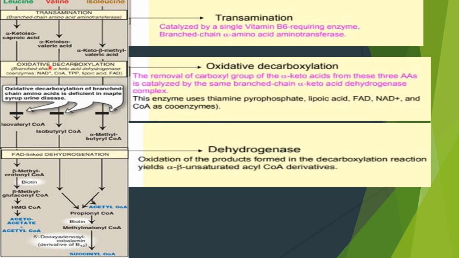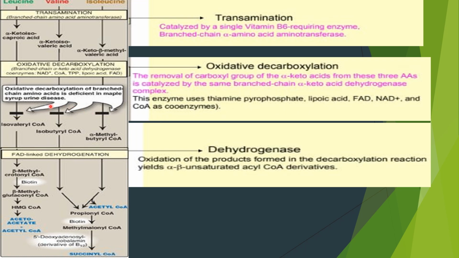This second step of oxidative decarboxylation is catalyzed by an enzyme, that is branched chain alpha keto acid dehydrogenase. This enzyme is a very complex enzyme and it requires various cofactors for its working, like thiamine pyrophosphate, lipoic acid, FAD, NAD+, and coenzyme A.